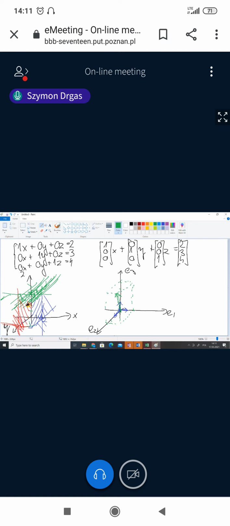Okay, so let's read this text for problem number 2. Three sides of a box meet at the solution 2, 3, 4. Draw vectors in the column picture. 2 times column 1 plus 3 times column 2 plus 4 times column 3 equals the side. Okay, so I think that's all about this exercise number 2.